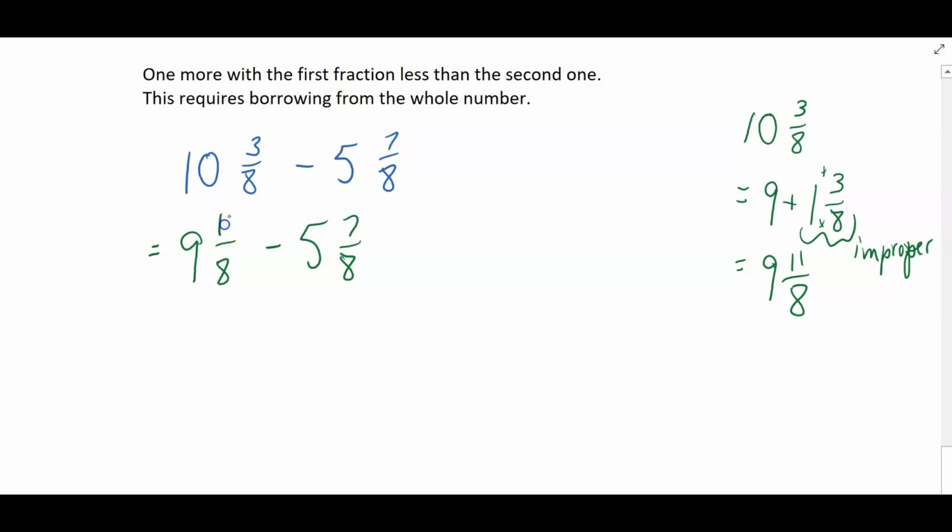And now, if you want, you can subtract the wholes. 9 subtract 5 is 4. And 11/8 subtract 7/8 leaves us with 4/8, or 4 1/2.